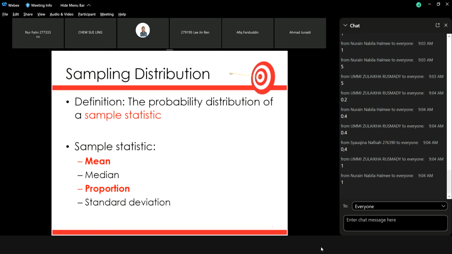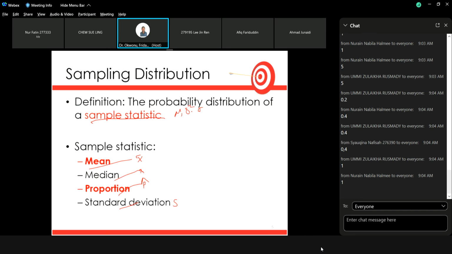Okay, so this is sampling distribution. I have explained sampling to you. When we talk about sample statistic, we talk about the mean, the median, the proportion, and the standard deviation. And all these are represented by English letters, unlike the population, whereby we have the Greek letters.